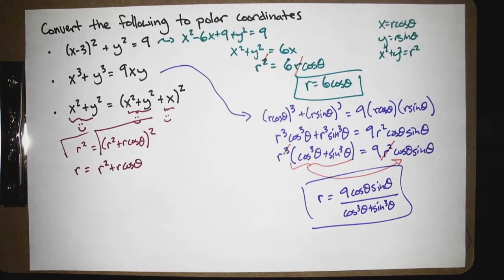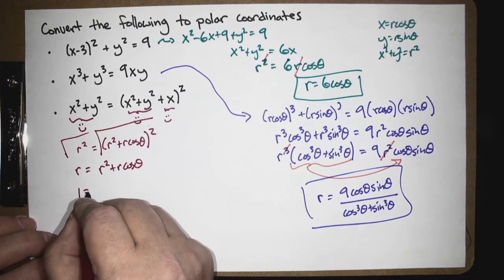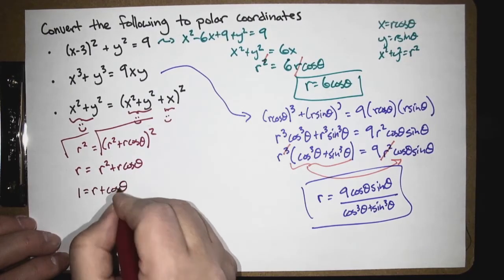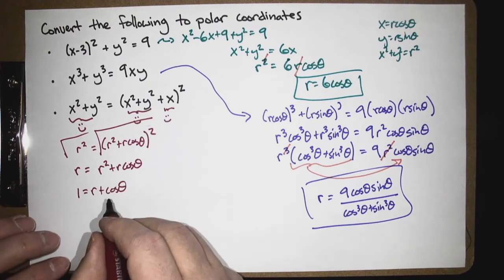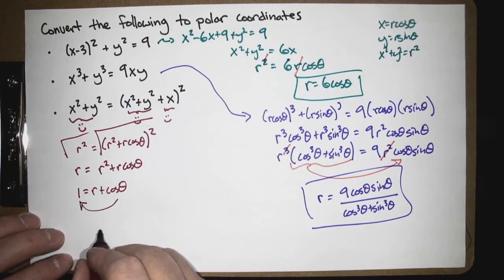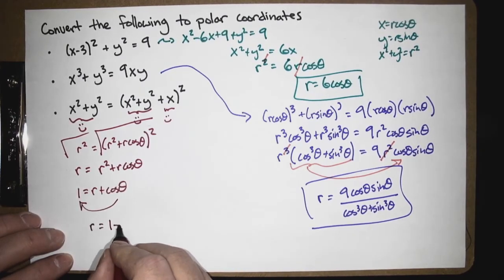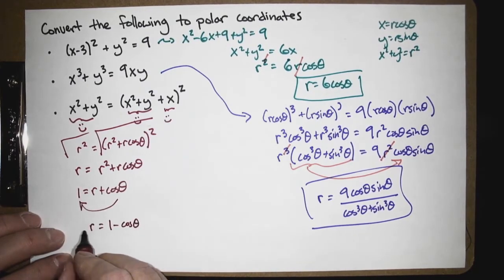Everything has an r. Divide by r. 1 equals r plus cosine theta. What else can we do? We can move the cosine across. R equals 1 minus cosine theta.